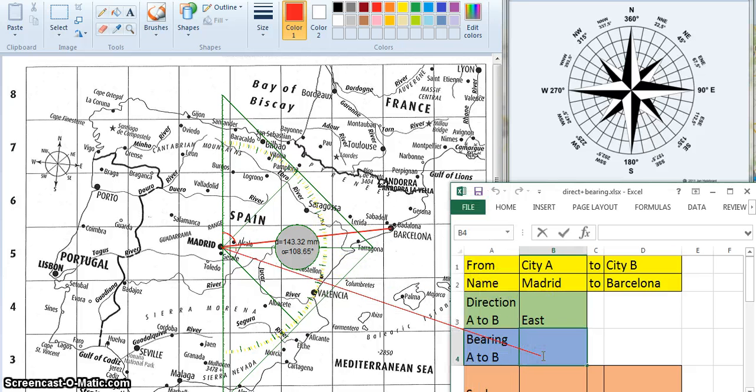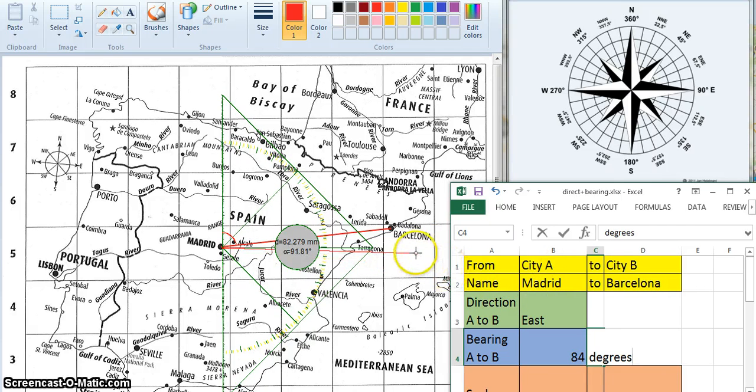So I'm going to pop in 84 degrees here as our bearing. Let's just go back to our compass rose. So 84 does sit between 67 and 90 degrees, so we'll lock that in and confirm that as the correct bearing.